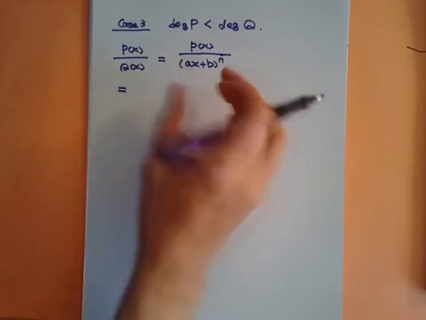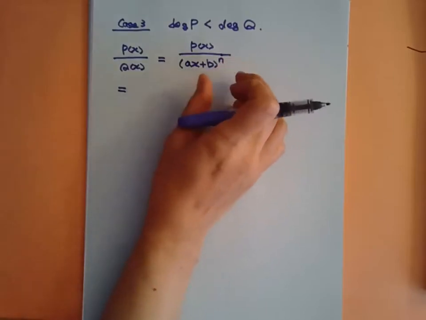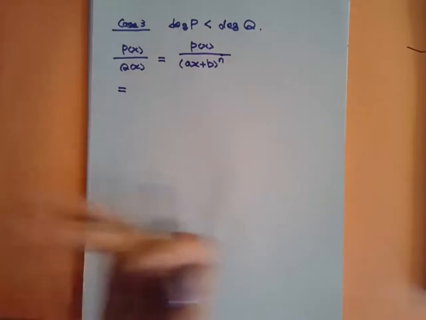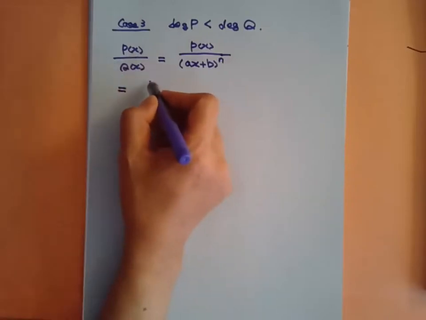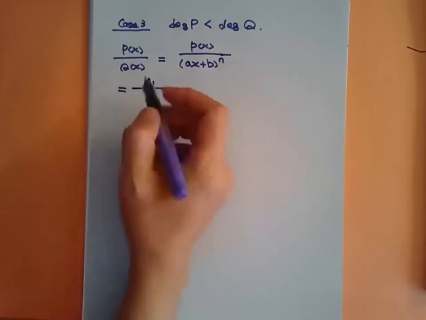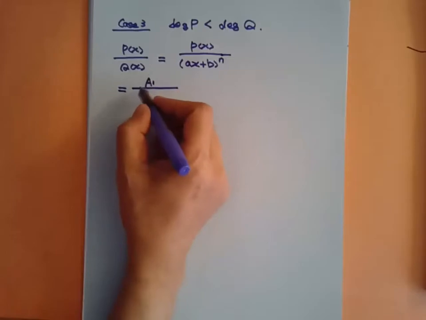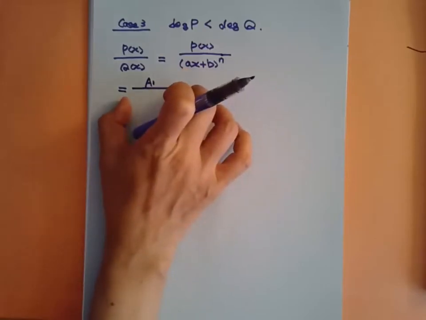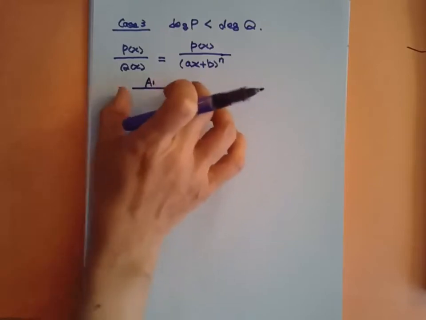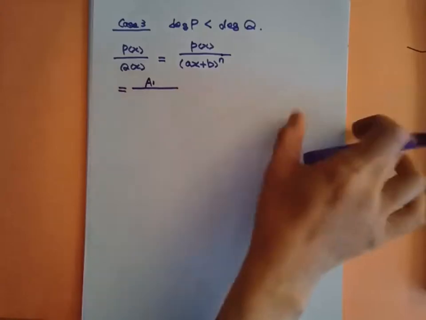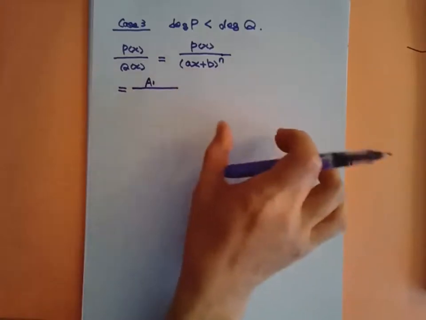So it just has one factor, I mean, one factor to the N power. In that case, what we do is we split the fraction into N fractions with various degree.